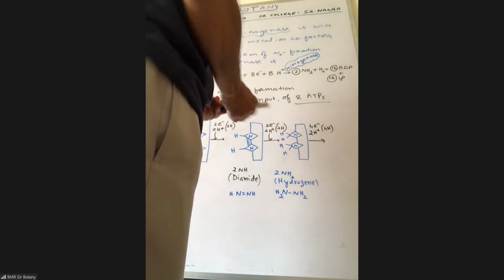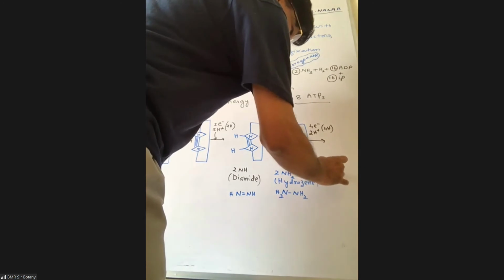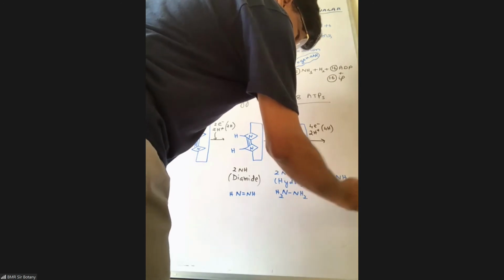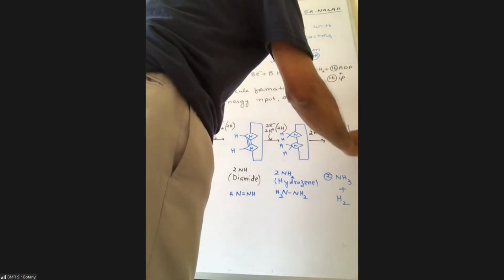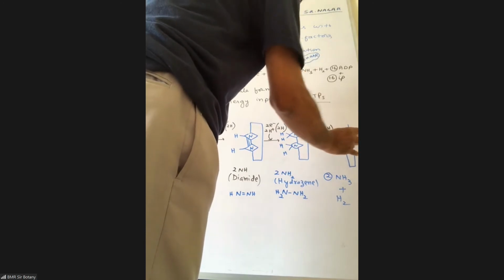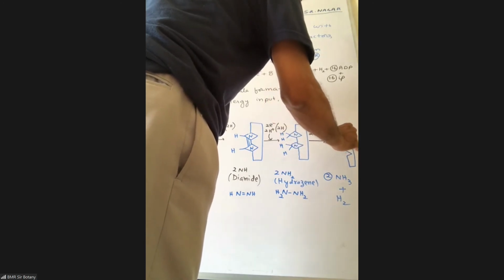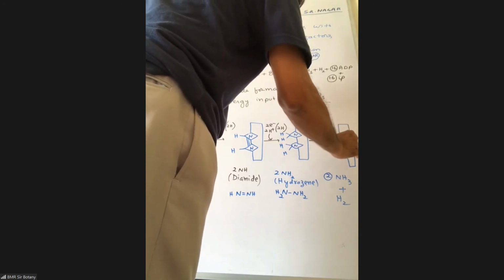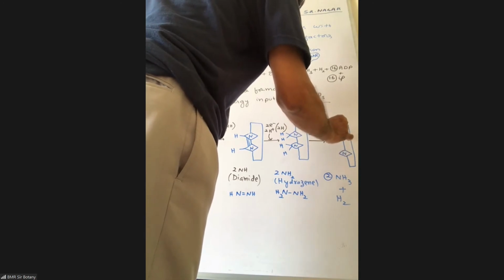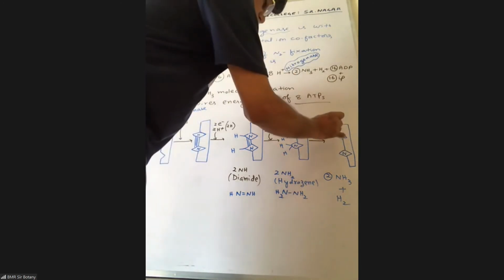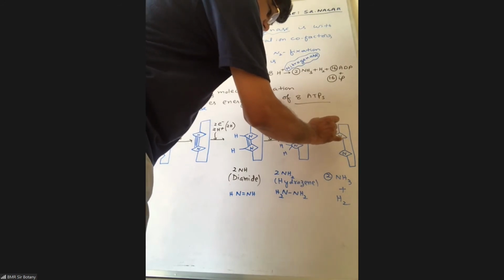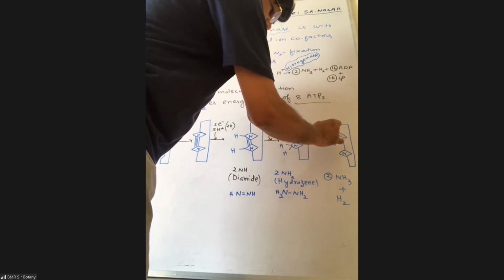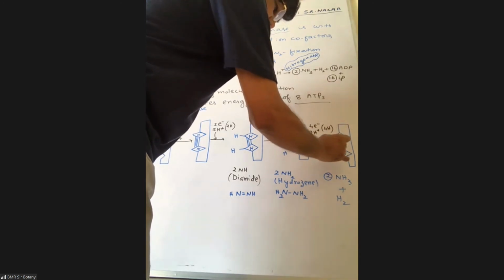You get 2 molecules of ammonia, plus H2. So each nitrogen atom is with 3 hydrogens.